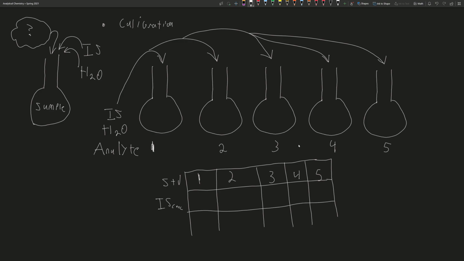Let's say this is 50, 50, 50, 50, 50. Let's say that we have analyte concentration. We have 20, 40, 60, 80, 100.